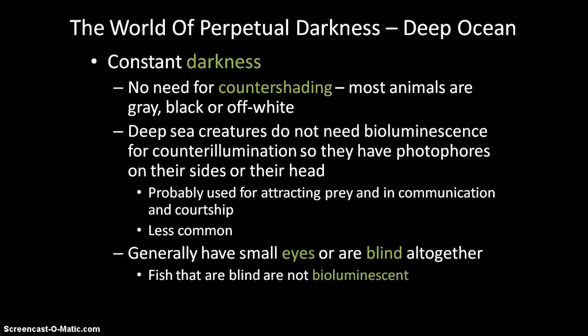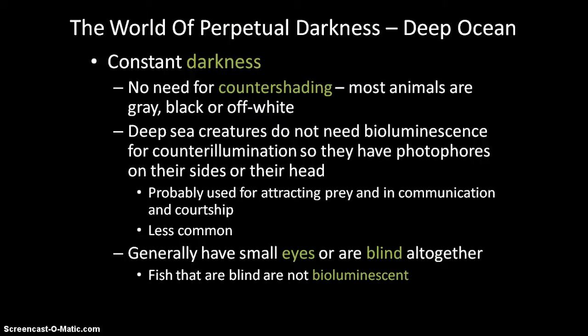And the creatures that live down here will have bioluminescence, except it's much less common than in the mesopelagic zone. If they do have bioluminescence, it's probably used for attracting prey or for communication. And if the fish or animal has bioluminescence, then it will be able to see, but its eyes will be small.